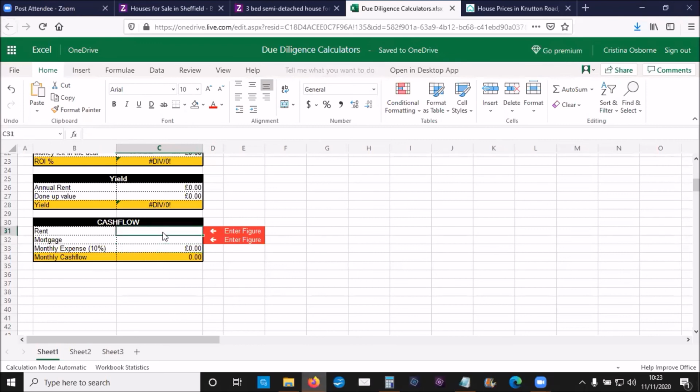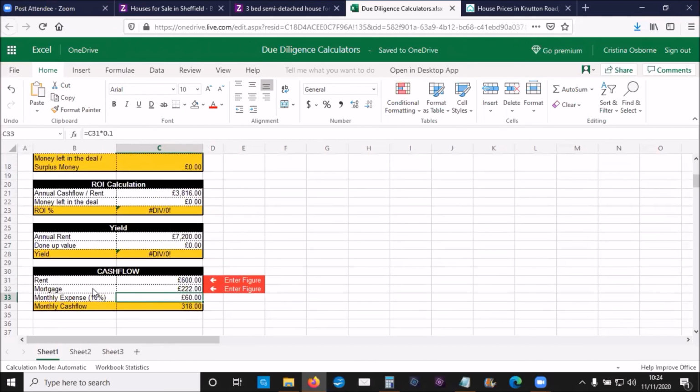For example, our rental figure is £600. Our mortgage was it 222? So it will now immediately calculate the monthly cash flow on that one. That means that when you do your ROI calculations, it will already calculate the cash flow.